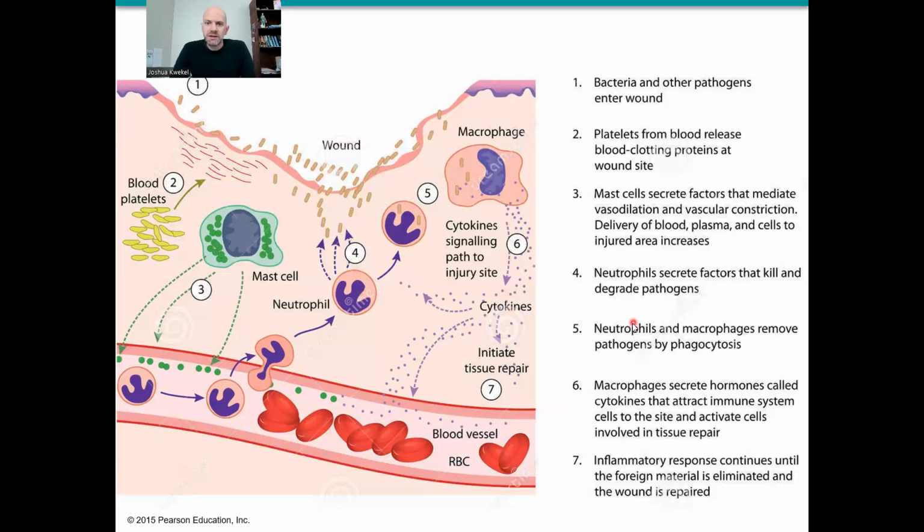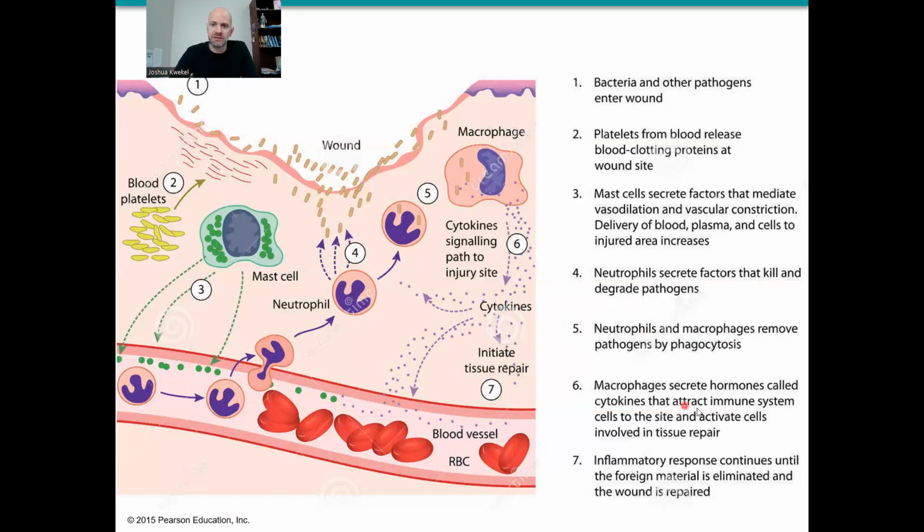Okay, so number 4 here is the neutrophils secrete factors that kill and degrade the pathogens. Number 5, neutrophils and macrophages remove pathogens by phagocytosis. And then macrophages, you have resident macrophages that are playing a role. There's recruited migratory macrophages that can then engulf, phagocytize, and then bring the message of this infection to a lymphoid tissue.